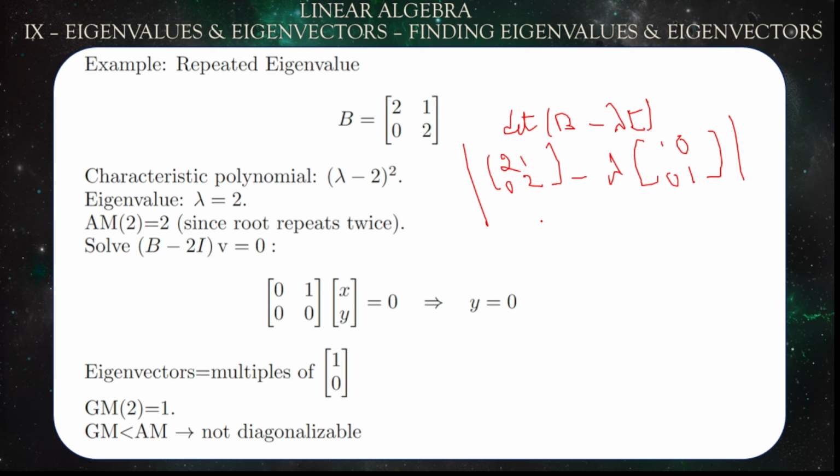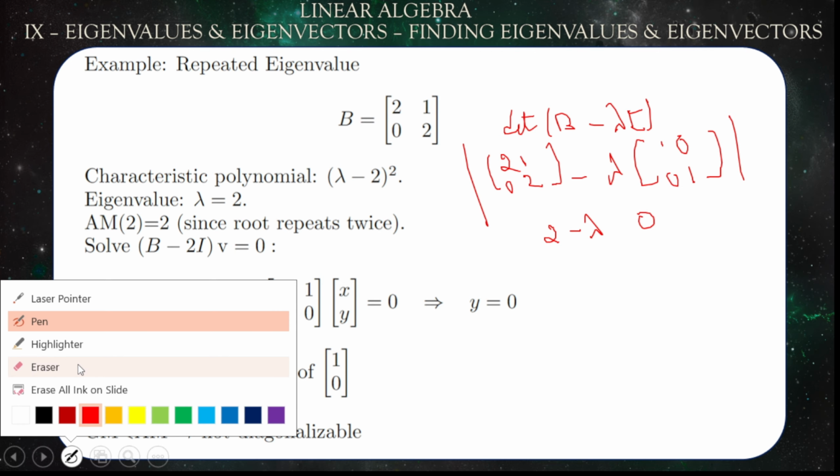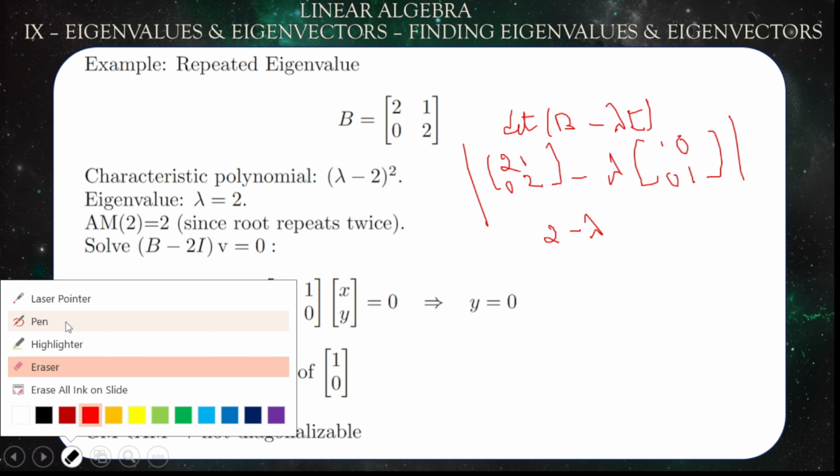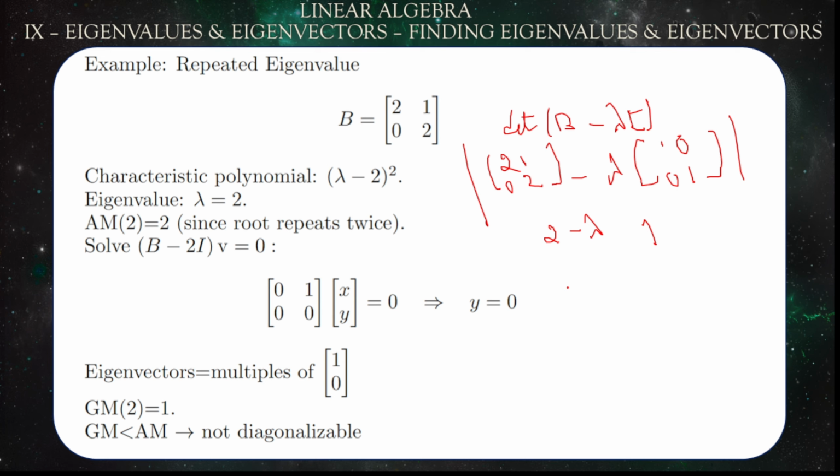So you end up with 2 minus lambda, 1 minus 0, which is 1, then 0, 2 minus lambda.